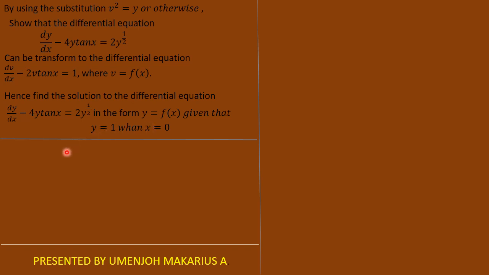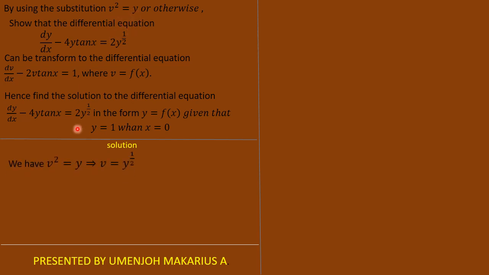Okay guys, let's start with the first question. Let's keep in mind that if v squared is equal to y, then if we take the square root on both sides, we simply have v to be the square root of y.